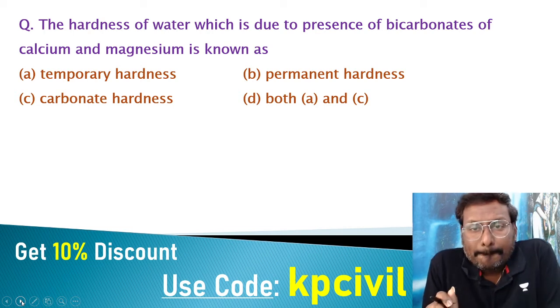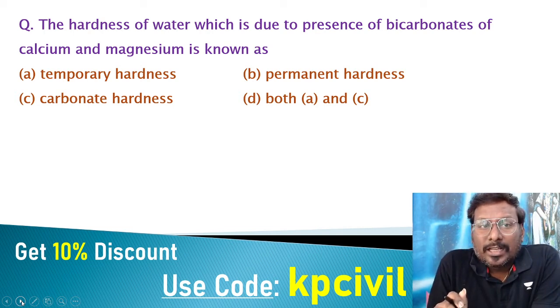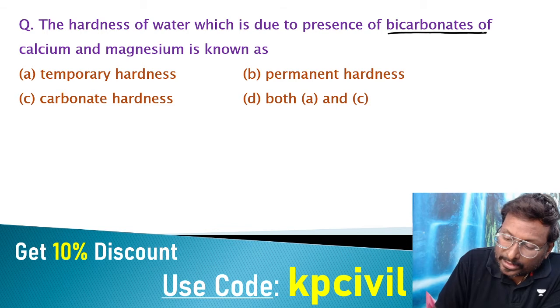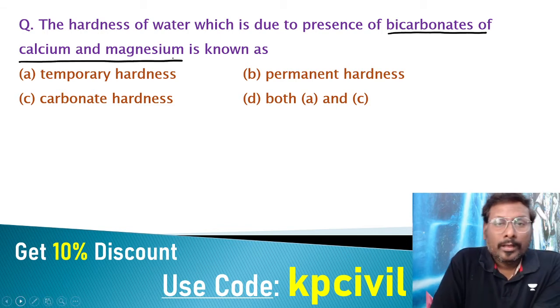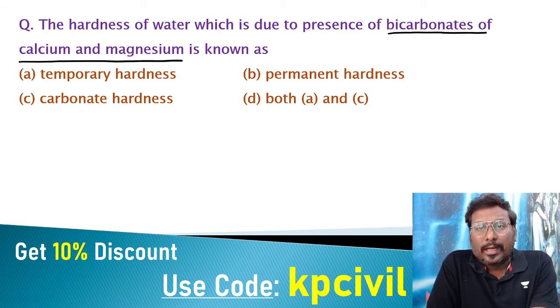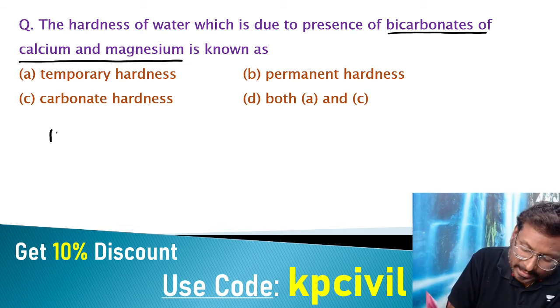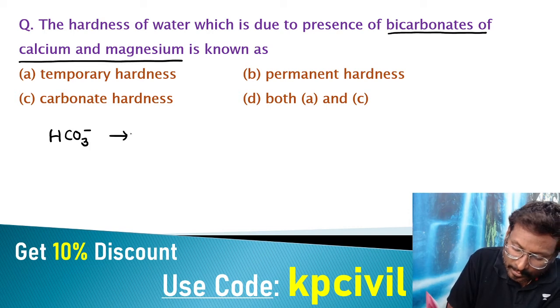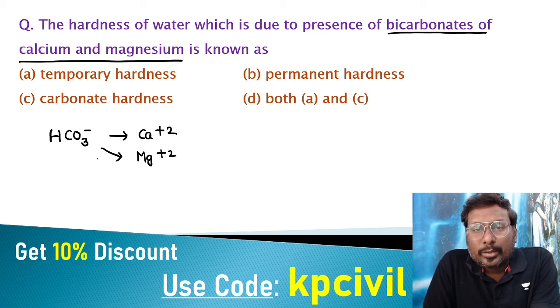Hardness of water, which is due to the presence of bicarbonates of calcium and magnesium. So HCO3 minus bicarbonates combined with calcium and magnesium means calcium bicarbonate, magnesium bicarbonate, Ca(HCO3)2, Mg(HCO3)2.